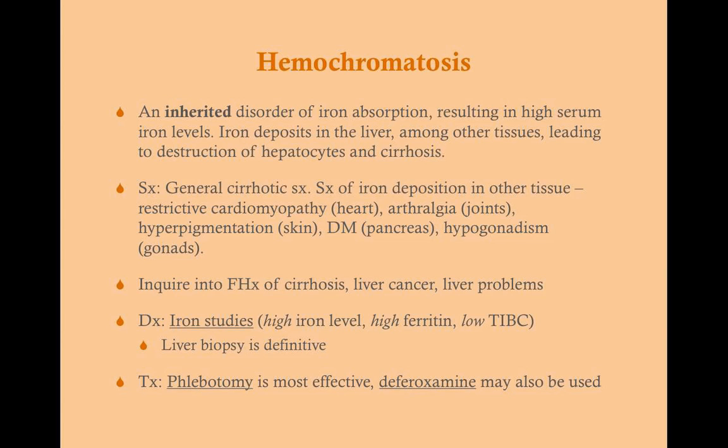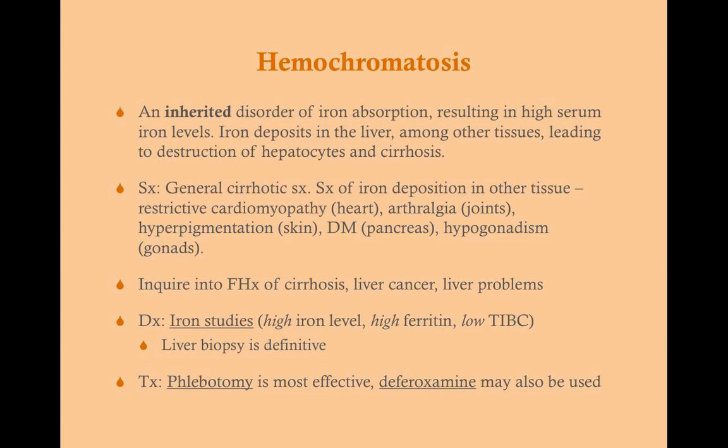So the way we diagnose hemochromatosis is relatively straightforward. It's just iron studies. And you'll have a high iron level, not surprisingly, a high ferritin, and a low TIBC. This is essentially the opposite of iron deficiency anemia. TIBC, you can think of it as just the seats for iron on the blood.